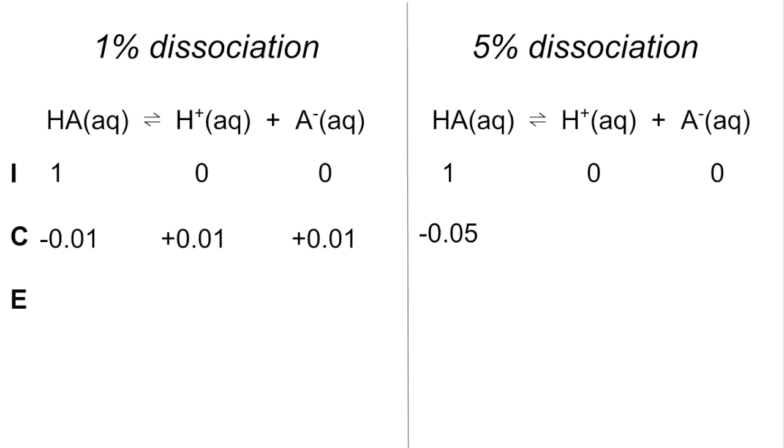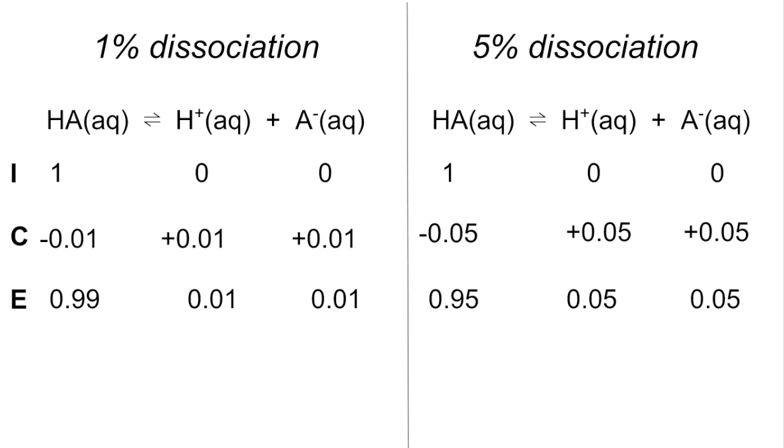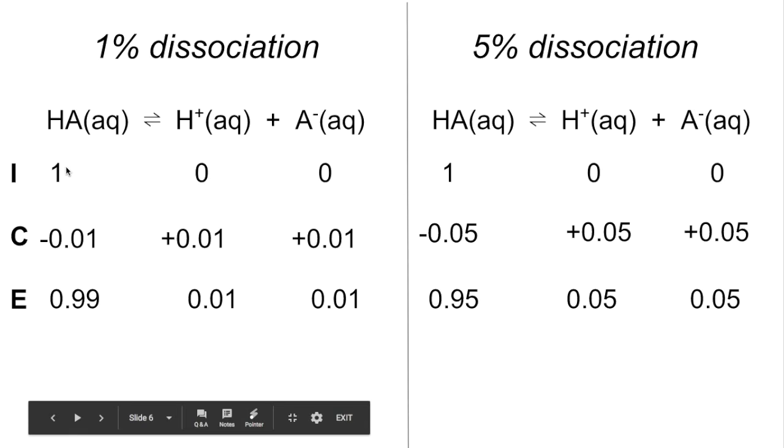So that means that the H plus concentration and A minus concentrations are going to go up by that amount for 1%, and by that amount for 5%. But what we're really interested in is the equilibrium concentration of the acid compared to the original concentration. You can see that in the 1% case, the equilibrium concentration of HA is very, very similar to the initial concentration.